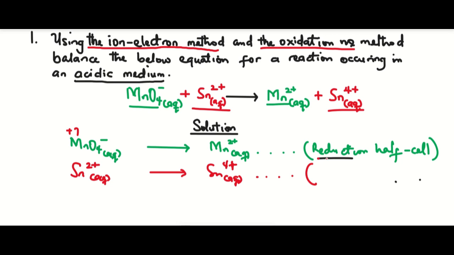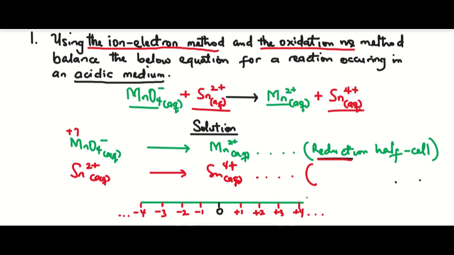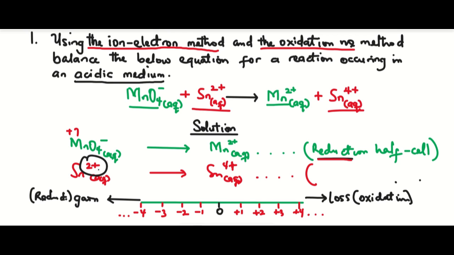Since I have the reduction half here, let's confirm that using the number line technique. Recall that when we move towards the right, it denotes loss of electrons, which means oxidation, and towards the left means gain of electrons, which means reduction. So we have tin moving from +2 to +4.